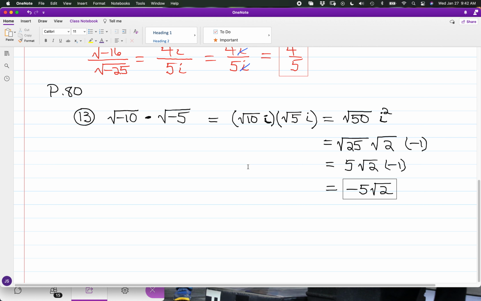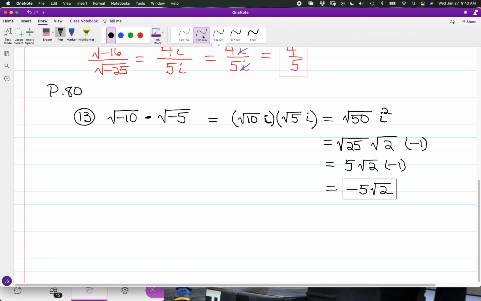Now for number 18, we have a rational expression: the square root of negative 80 divided by the square root of 5. There are different ways you can go about this, but I'm going to take out the letter i. So we have the square root of 80 times i over the square root of 5.